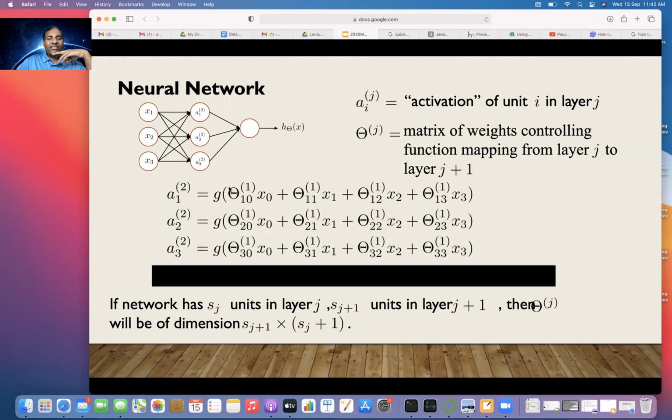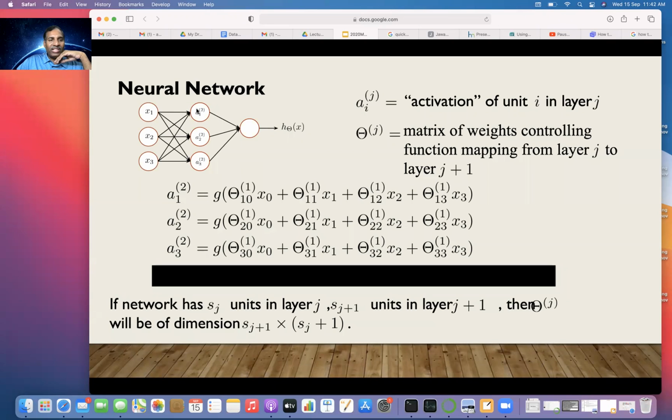So this theta 10 means it is coming from the 0th unit. Here we haven't depicted that 1, you may put 1 also here. From the 0th unit of layer 1 to layer 2, you are getting a weight.